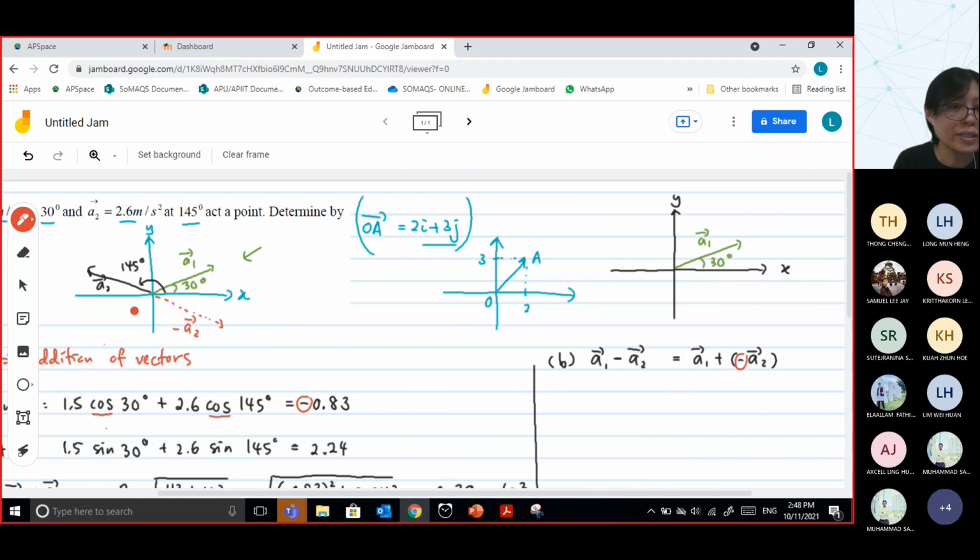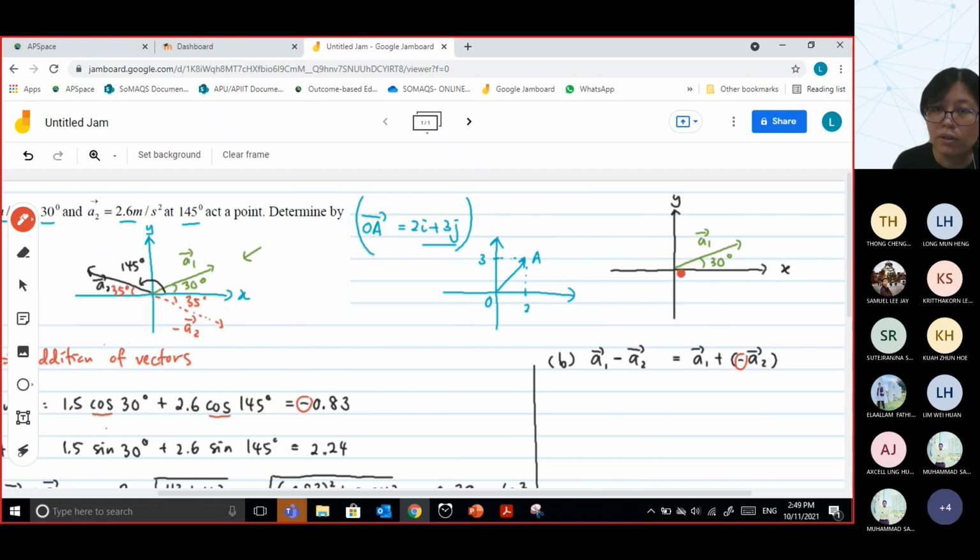What do you think is the angle? Can you see 180 minus 145, then here will be 35. So that means here will be 35 degree.